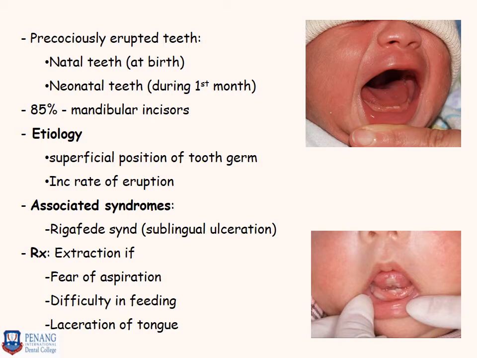So what is the treatment for such teeth that have precociously erupted and are causing ulceration? It is extraction, done if there is a fear of aspiration, because these primary teeth are usually superficially placed, and the roots have also not formed, so they are not firmly placed in the jaws, they are very loose.